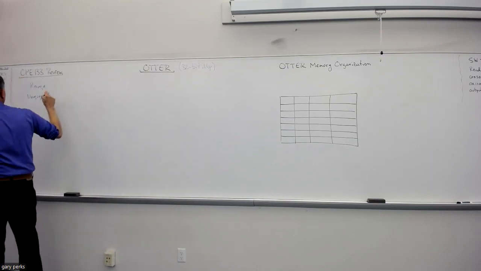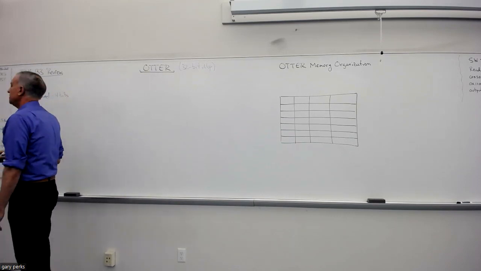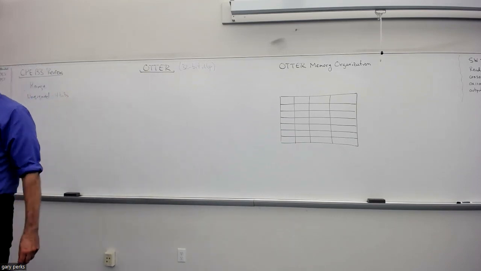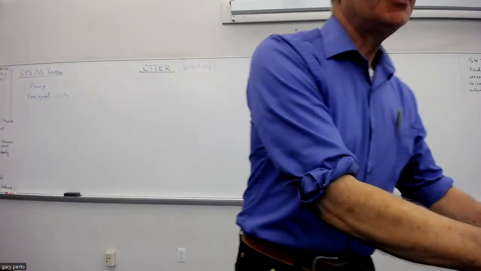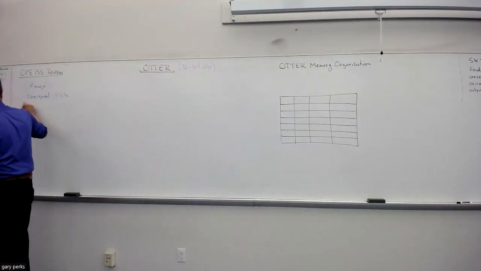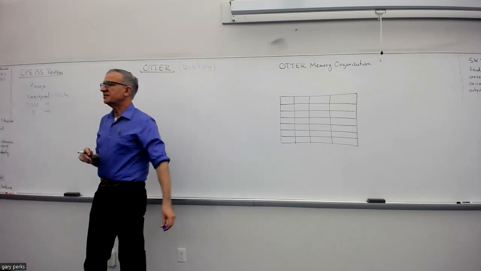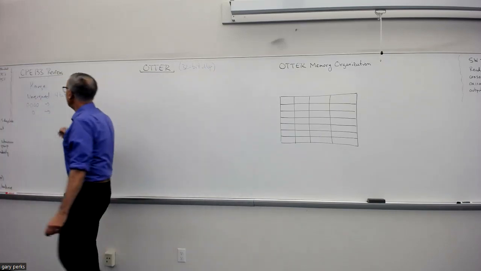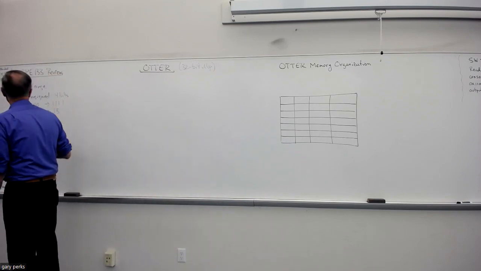If I have unsigned 4 bits, what's the range? What's the minimum value of an unsigned 4-bit number? Just be 0, right? Because you just have all zeros. Okay, what would be the high end of that range? 15, right? Because the high range is all 1s, so 15.